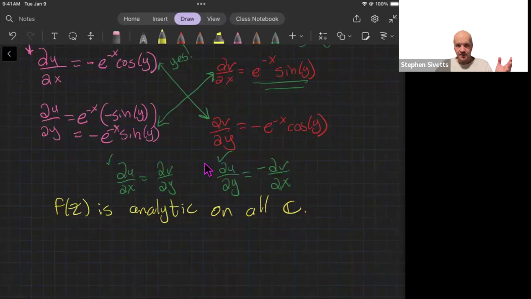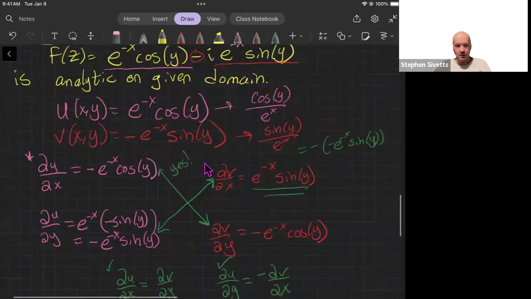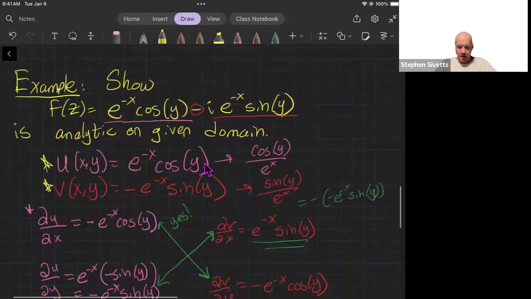This function is defined for all values of x and y, so it's defined on all of the complex plane, C. So this is an example of an entire function. Pretty cool, right? I think so.